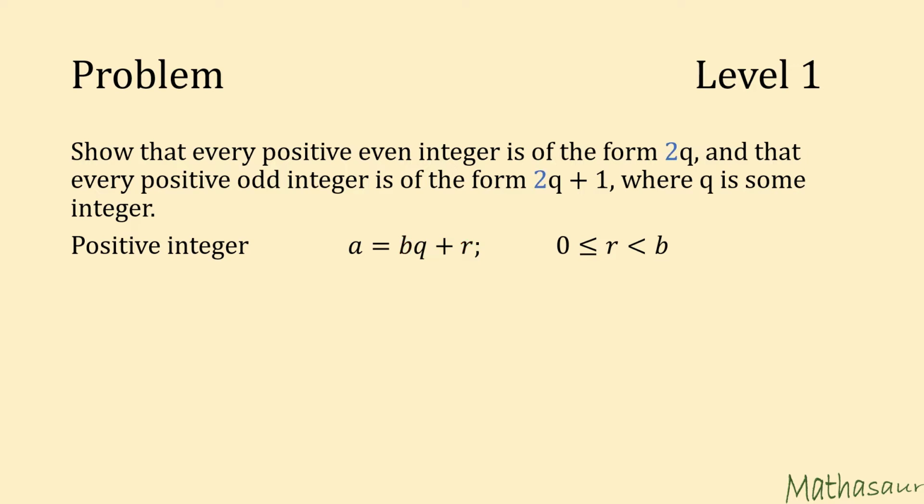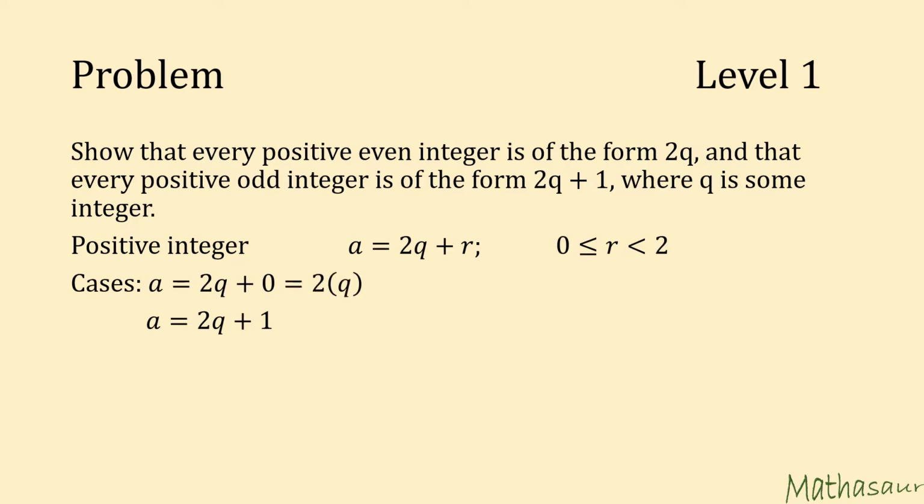Now let us reread our question. We are talking about 2q and 2q + 1. So let us take b as 2. So r is going to be less than 2 and greater than or equal to 0. Now let us write down our cases. Either r is 0 or r is 1. So we have two cases.